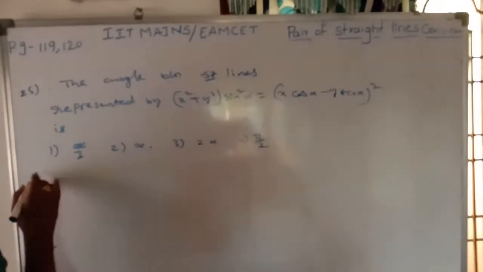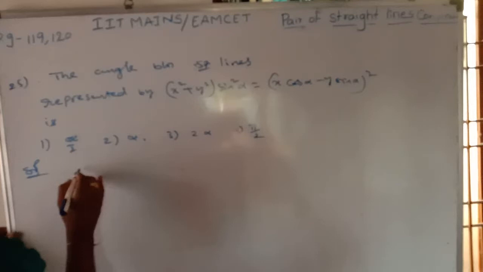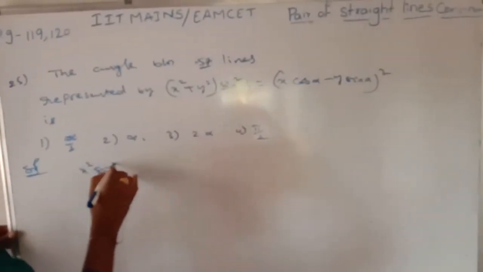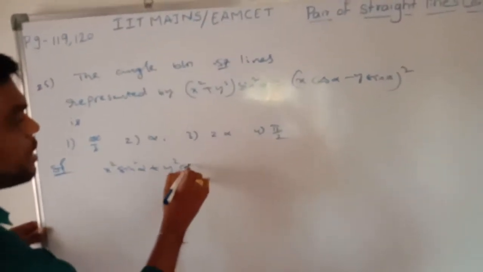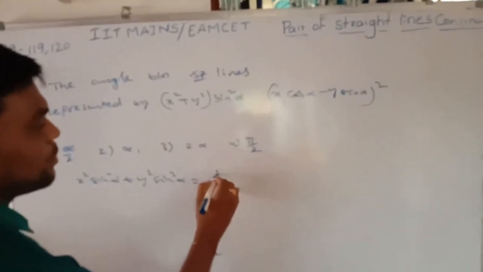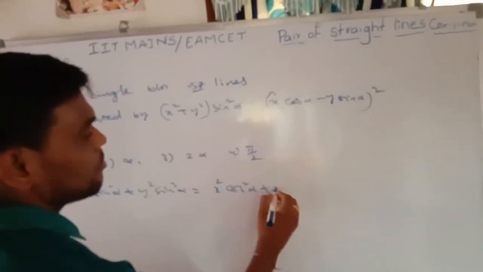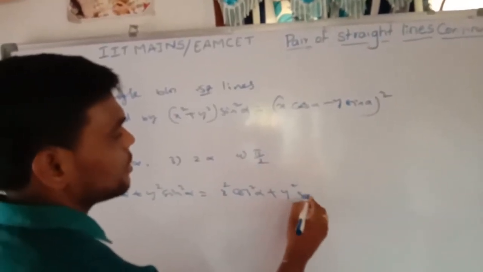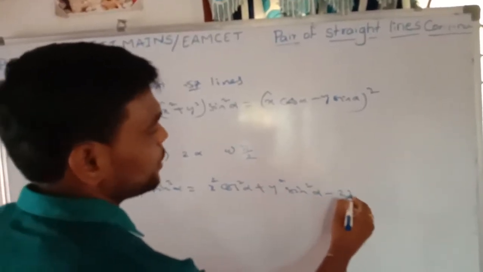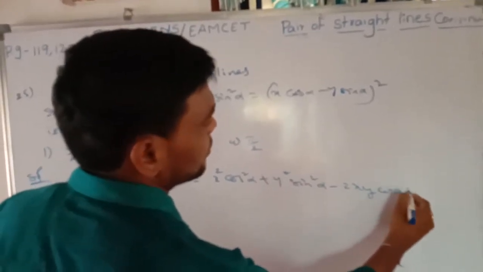Now see the equation: x square sin square alpha plus y square sin square alpha is equal to x square cos square alpha plus y square sin square alpha minus 2xy cos alpha sin alpha.